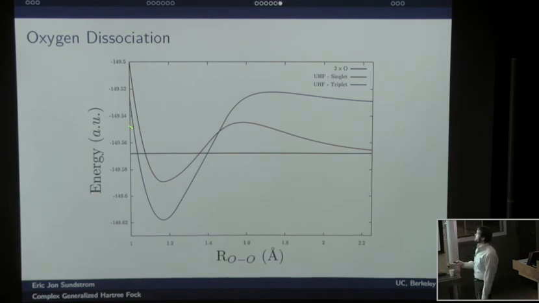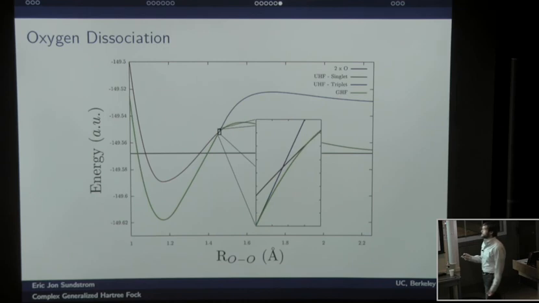So if we take the triplet UHF solution out to dissociation, we end up with this totally unphysical dissociation, right? We're well above 2 triplet oxygens. If we take the singlet in from dissociation, or start here, it doesn't matter, we end up dissociating to the correct limit, but we're terrible at equilibrium. So what does GHF get us? It gets us this smooth curve in between, and if we look at this finite region in here, it smoothly connects those two curves.